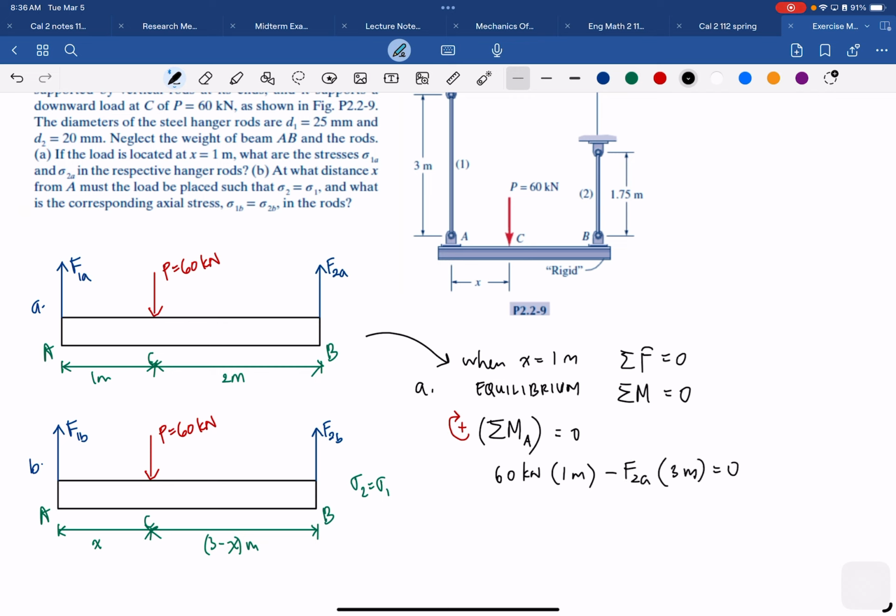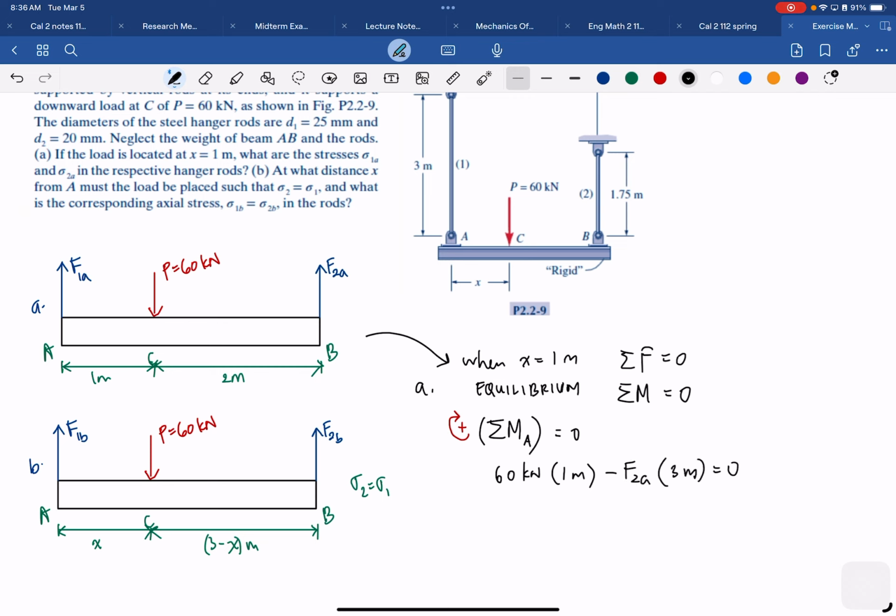And then for number B, oh, we have not done yet. I forgot to calculate the stress. Okay, I forgot to compute the area. So I think at the beginning we should compute the area first to make it easy so that you can just type in your calculators easily.